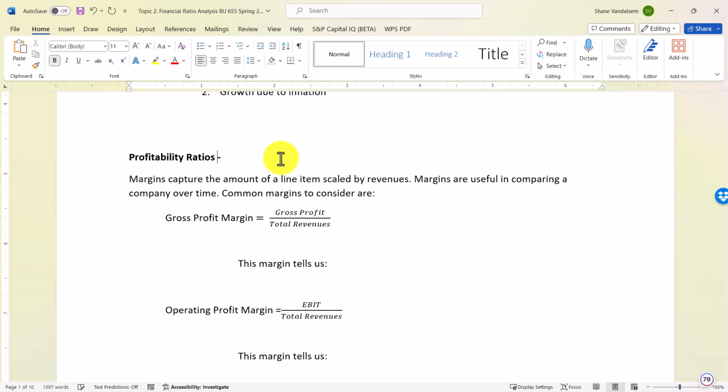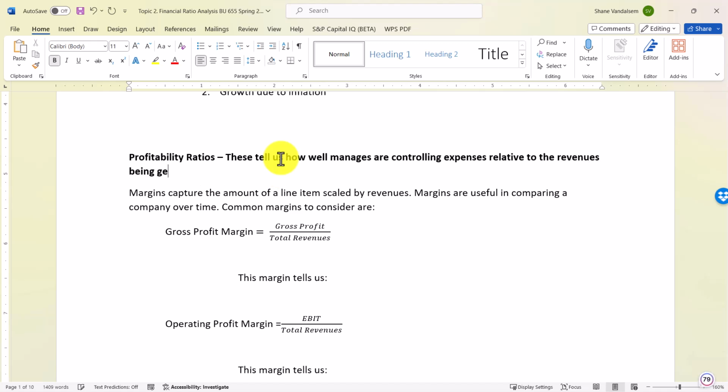Let me just put that in here. These tell us how well managers are controlling expenses relative to the revenues being generated.